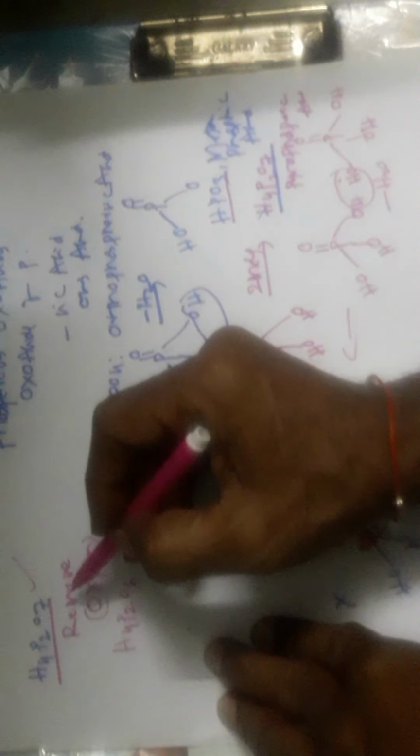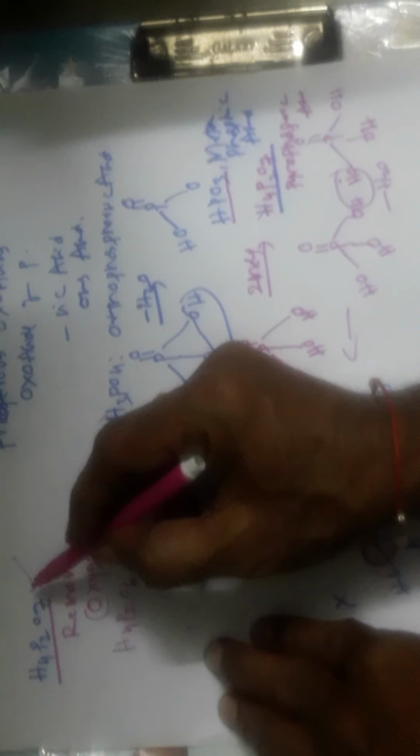Removal of a water molecule takes place here: 2 moles of orthophosphoric acid combined with each other, minus water. We have pyrophosphoric acid. After having pyrophosphoric acid, I have to remove an oxygen. This is nothing but H4P2O6.